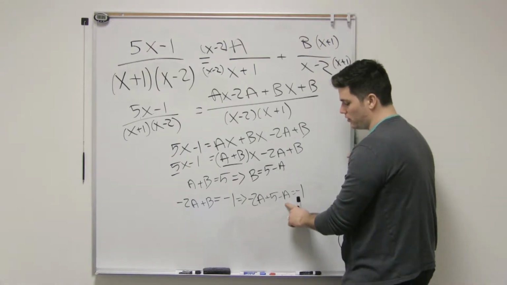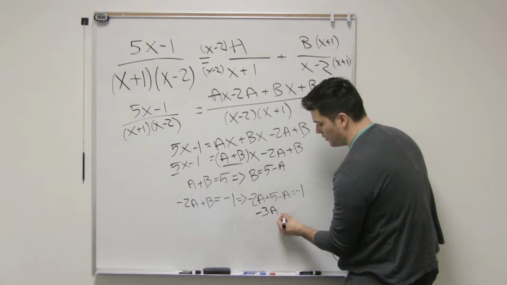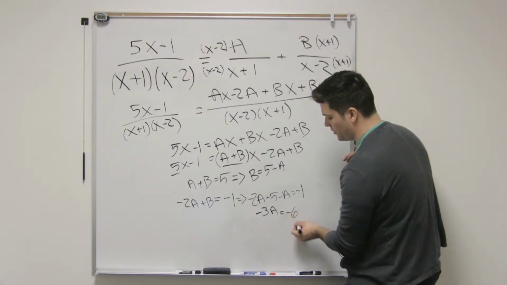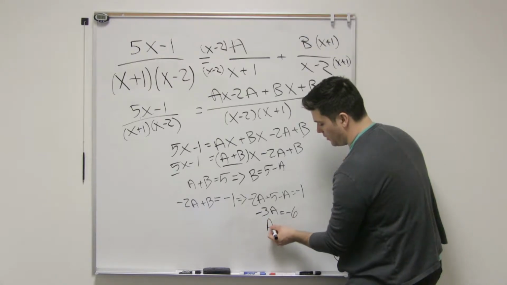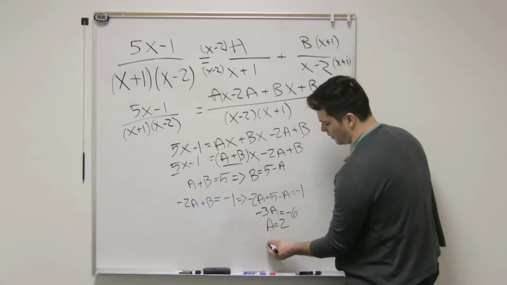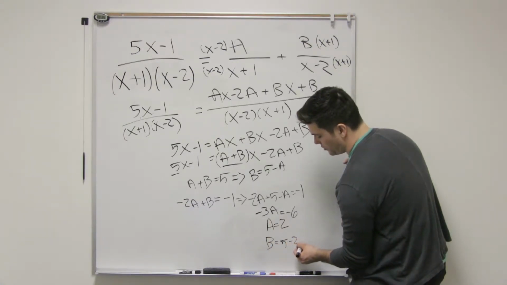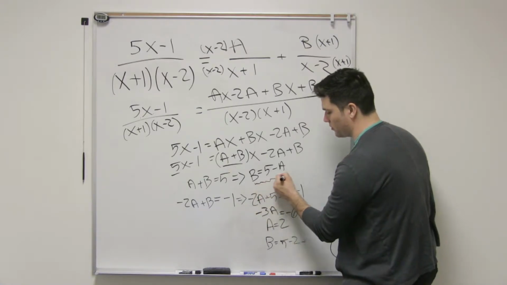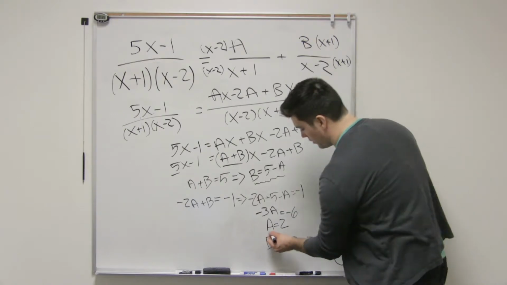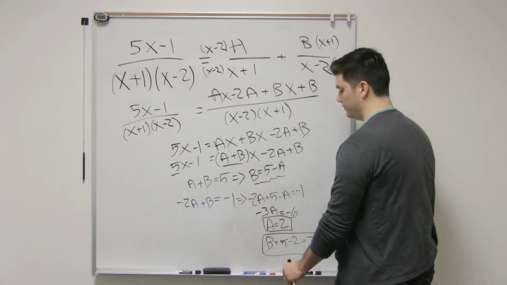Negative 2a minus another a is negative 3a, and subtracting 5 over, we get negative 6. a is therefore equal to 2, and then b is equal to 5 minus 2, coming from this equation right here, which is in fact 3. So a equals 2, b equals 3.